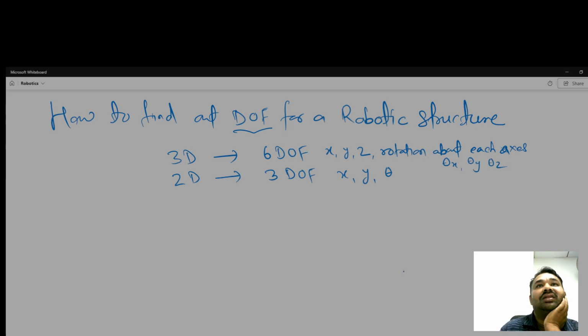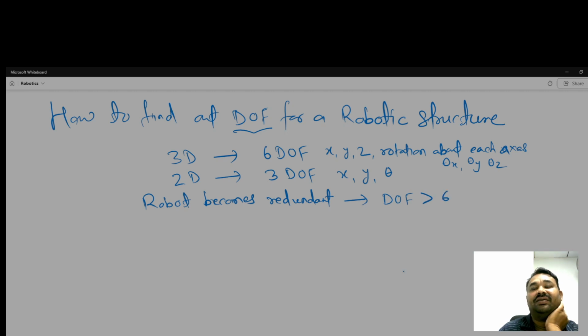When does the robot become redundant? If it has more than 6 degrees of freedom. For an industrial manipulator, 5 degrees of freedom are enough, but we will not get an infinite number of solutions if there is the least number of degrees of freedom.